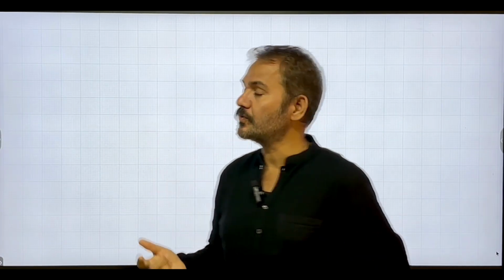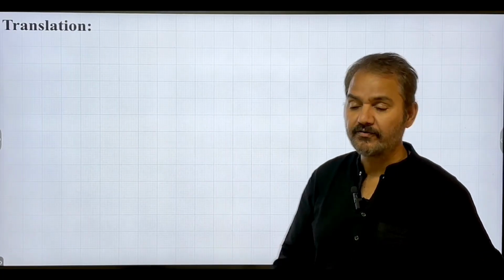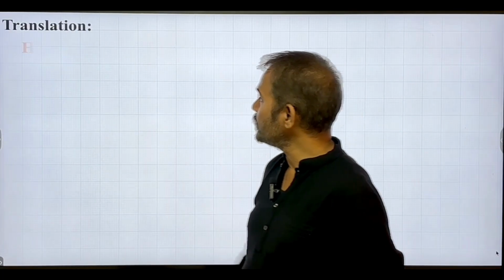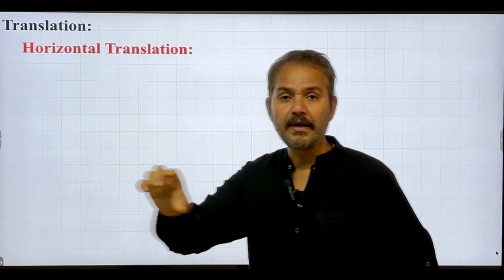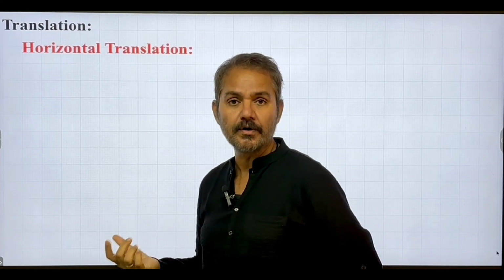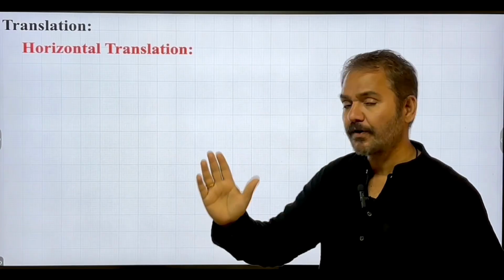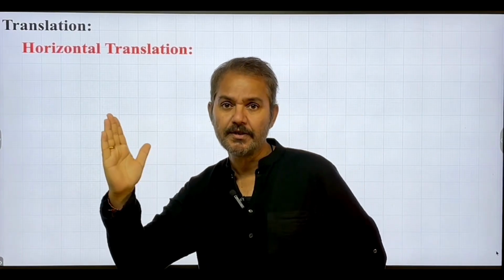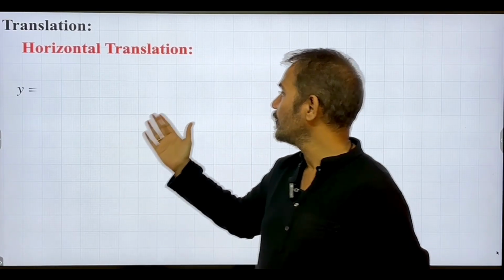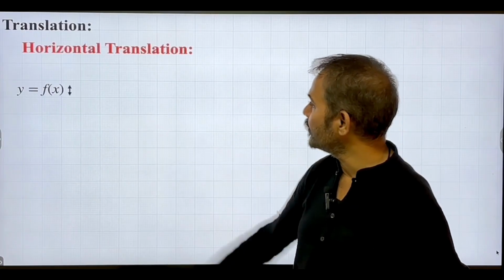Since you have already covered transformations, I would like you to quickly recall the different transformations. First one is translation. A translation may happen in two ways, either a horizontal translation or a vertical translation. In a horizontal translation, the object moves either to the left or to the right. Let's say y = f(x) is a function.